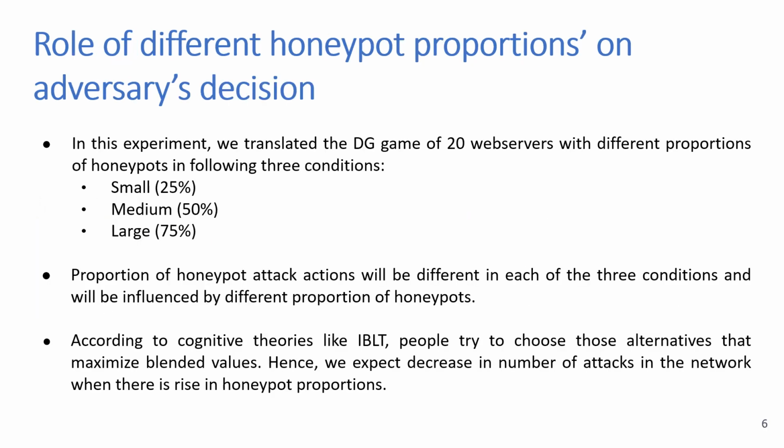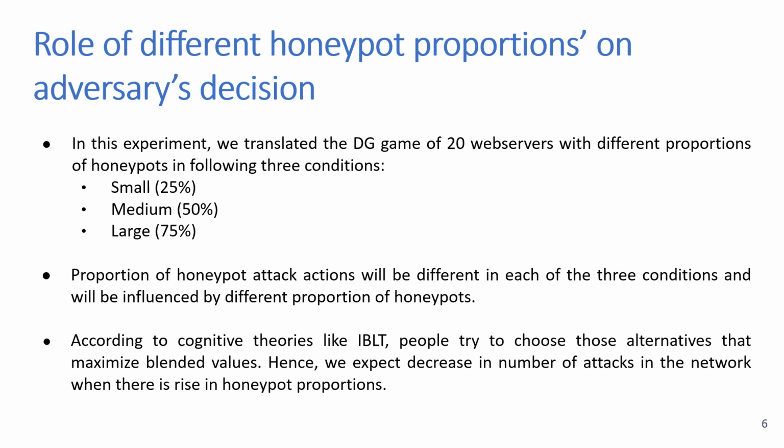So today we would be investigating how different honeypot proportions affect the adversary's decision. For the experiment, we translated the DG game into 20 web servers, and we had three kinds of conditions: small, medium, and large. In the small condition, we had 25% of them as honeypots, in the medium condition, 50% of them as honeypots, and in the large condition, the majority of them were honeypots.